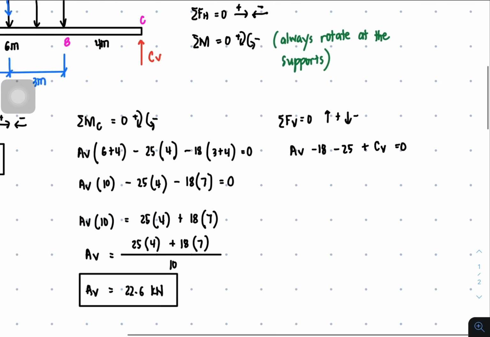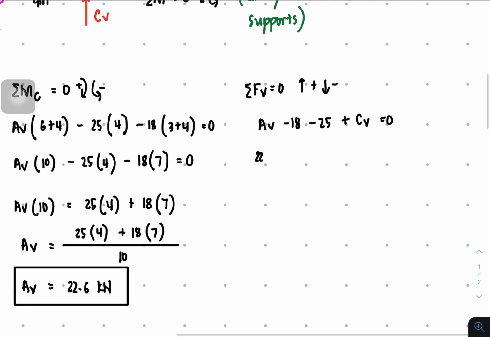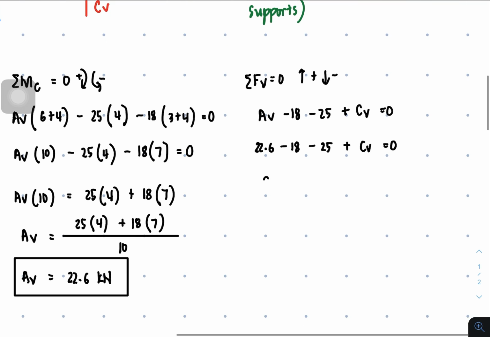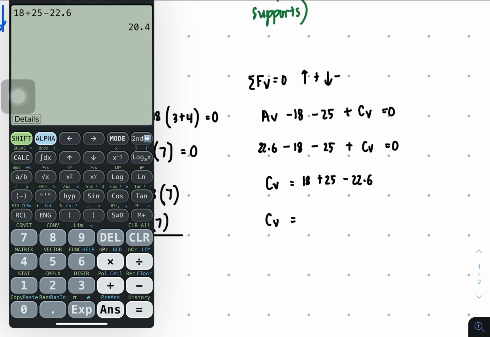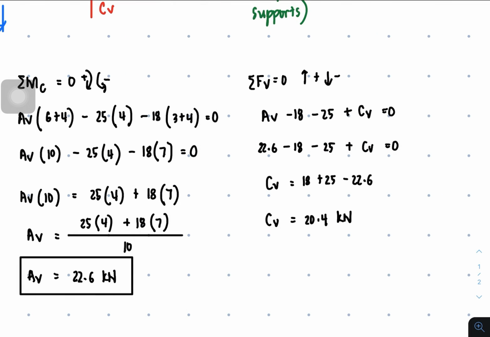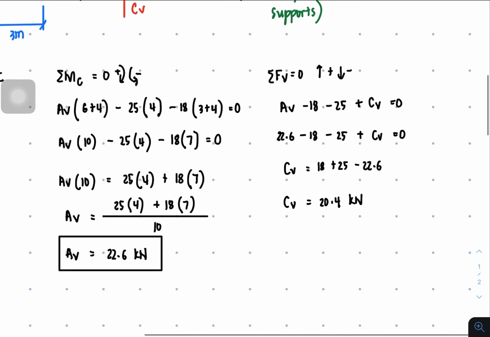Substituting the value of AV, which is 22.6, minus 18, minus 25, plus CV equals 0. Transposing all the constants to the right side, CV equals 18 plus 25 minus 22.6. So CV is 20.4 kilonewtons. Again we obtain a positive value because the assumption that CV is upward is correct.